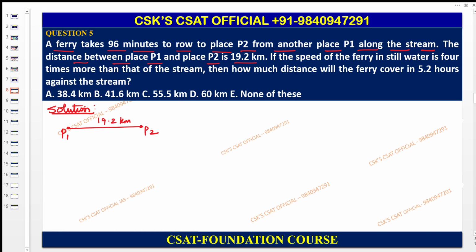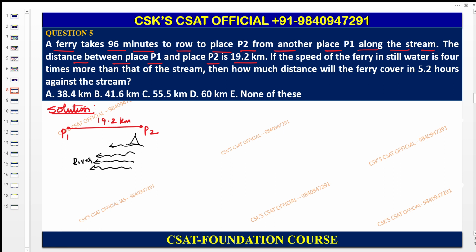Now go with the first one. It takes 96 minutes to row to the place P2 from place P1, in this direction. Along the stream means the river, that is the stream or current, is also moving in this direction. Both are in the same direction.